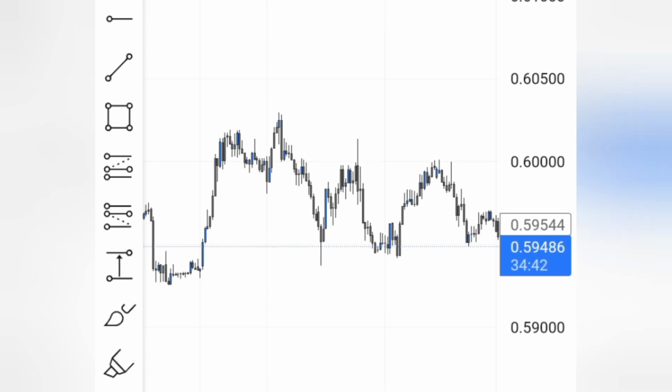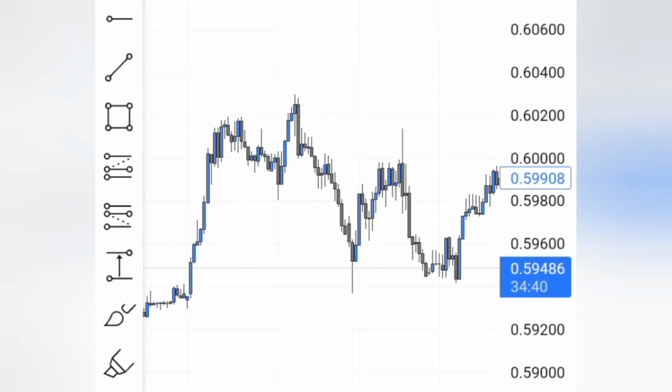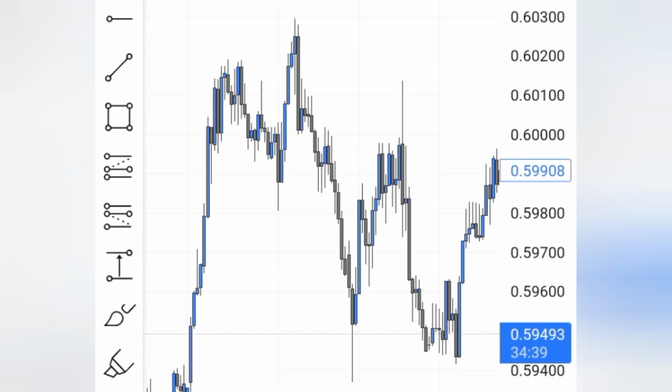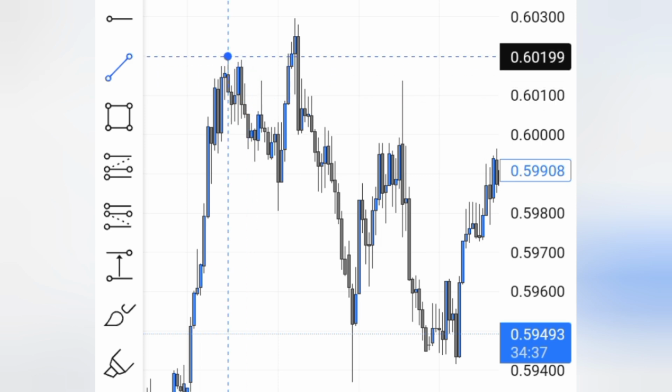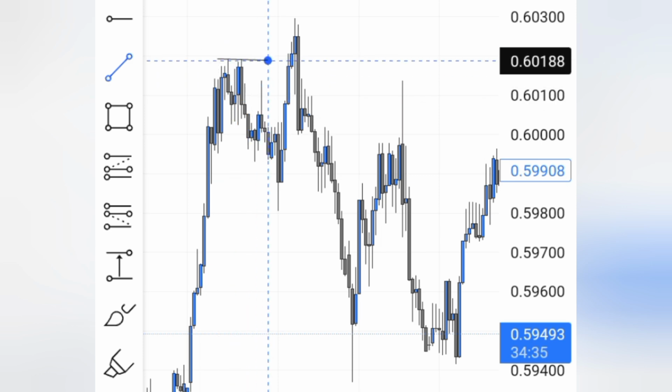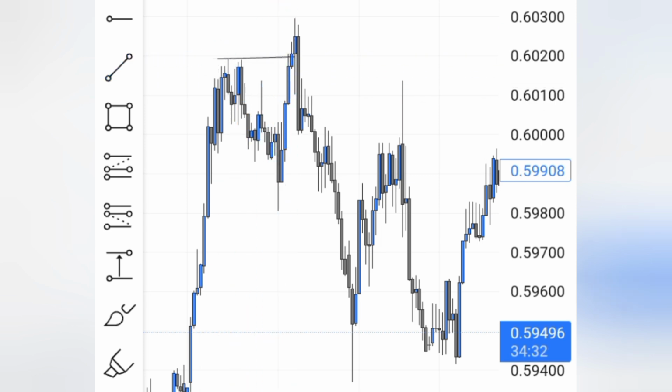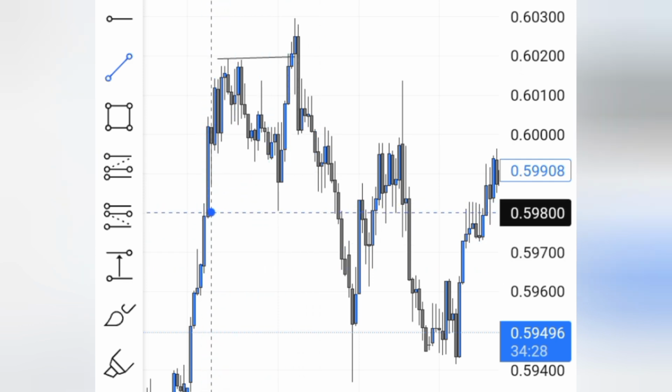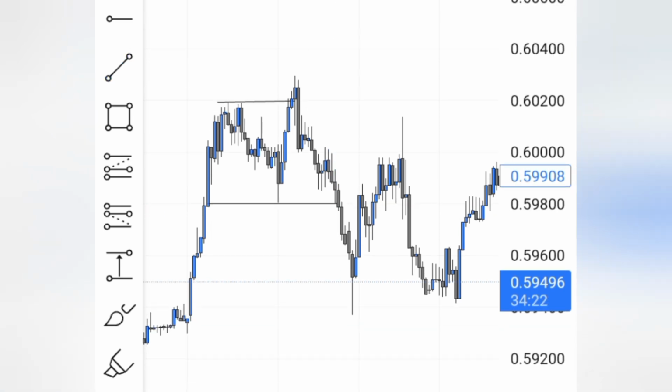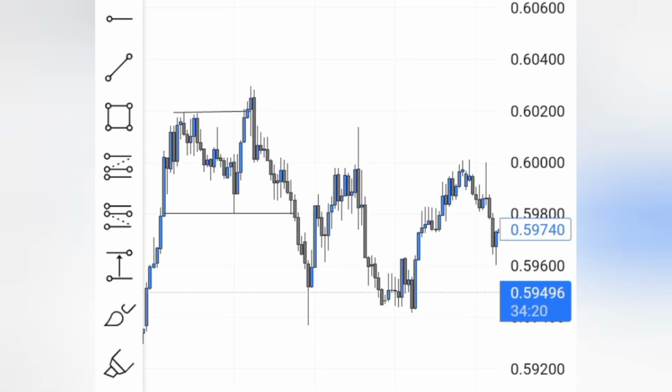So now we are here. We had this break of market structure right here. Then it left this low, this low right here. After leaving that low, it came and made this change of character. That means it broke that low, giving us a change of character when this was broken.